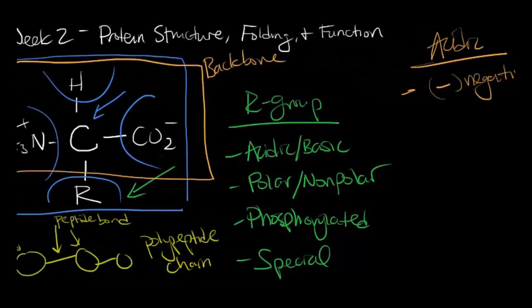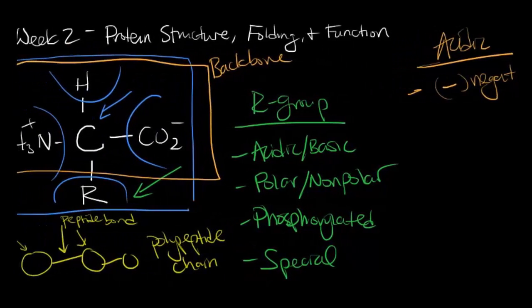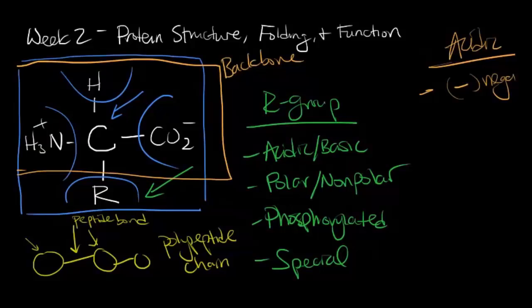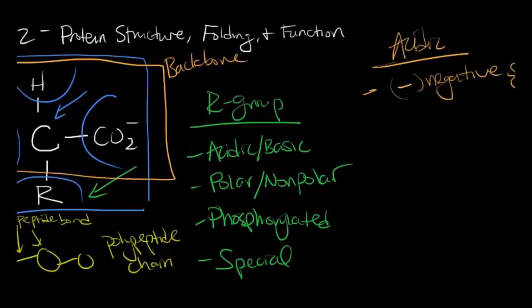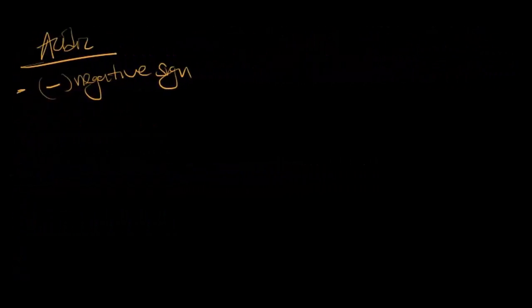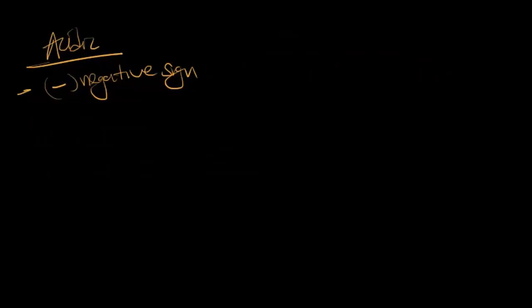Most amino acids, based on the drawing, all have a negative and a positive sign because they have an acid and a base in the backbone. But when we're talking about whether or not an amino acid is acidic, we're focusing just on the R group. So if in the R group we see a negative sign, that tells us that it's acidic.